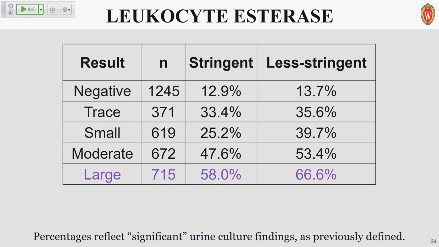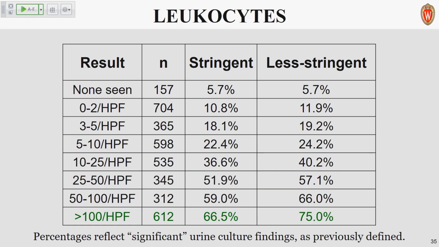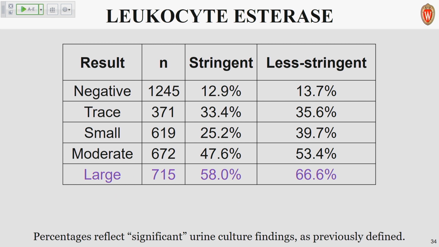So in my view, if technologists are viewing this as a criterion for guiding their workup, you may need to consider differently, right? Because it's not always predictive of a significant microbiology finding. Even if you add the contaminants in with that, that's fine. So it has to be really large amounts of leukocyte esterase in our experience to have more predictive value. But still, again, you're talking about 1/2 to 2/3 predictive value.